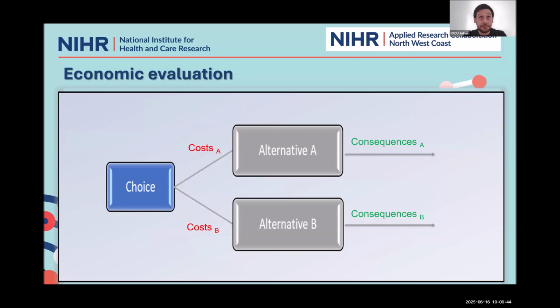Probably in some of the papers you are analyzing there may be 2 or 3 interventions that we need to consider. But just in a nutshell, each alternative is associated with some costs and consequences or outcomes. And today we're just going to focus on the cost side.